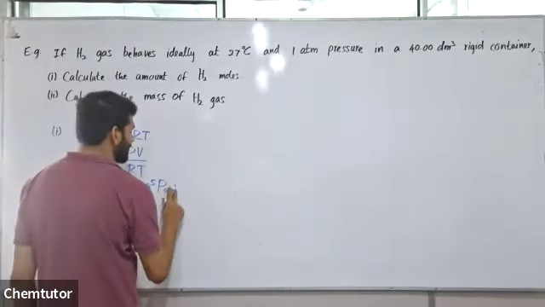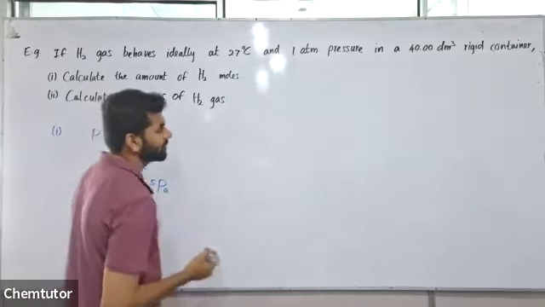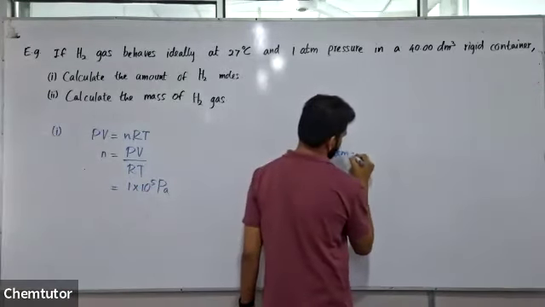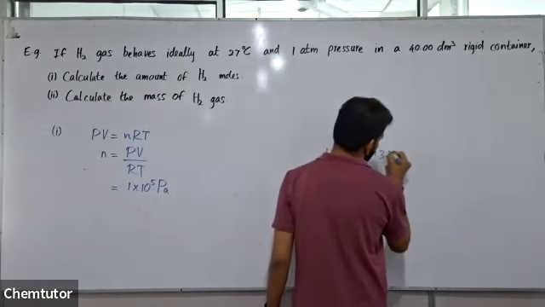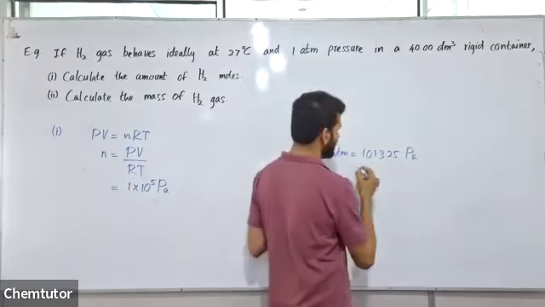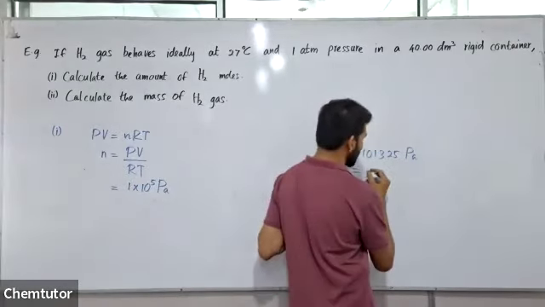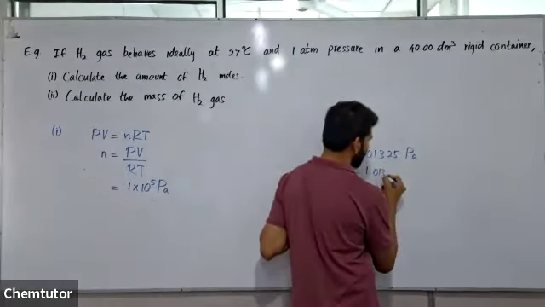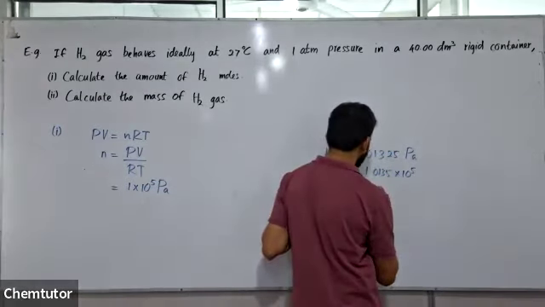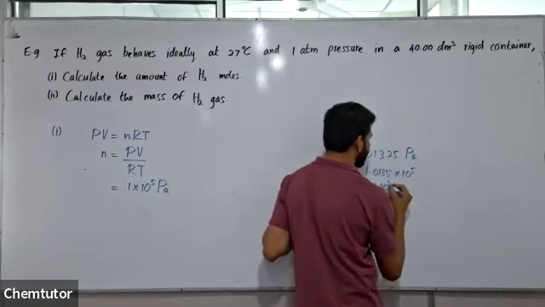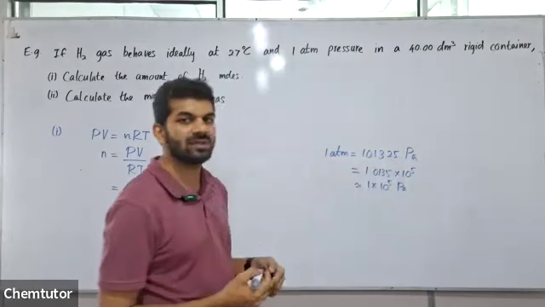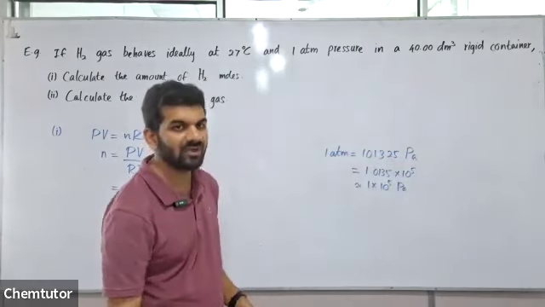Actually, 1 atm equals 1.0135 into 10 to the power 5 pascals in scientific notation. So we take it approximately as 1 into 10 to the power 5. For calculations in gas laws, we can use 1 atm as 1 into 10 to the power 5 pascals.